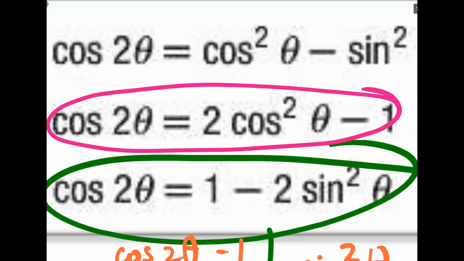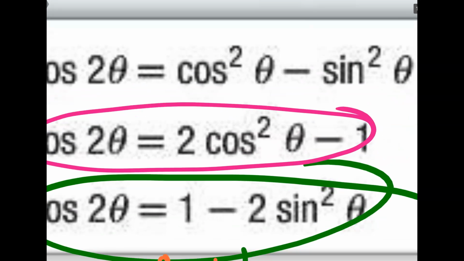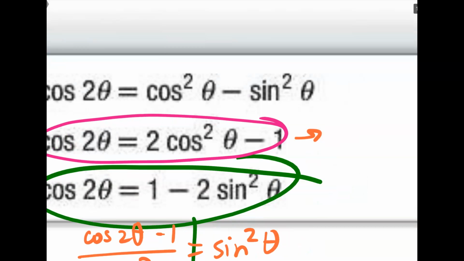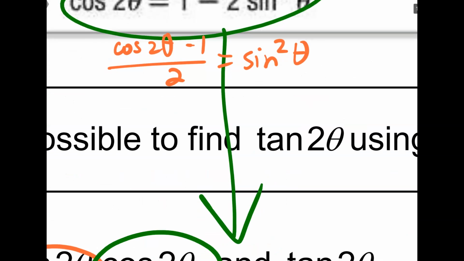What if I wanted to get cosine in terms of the double angle? This one would be cosine of the double angle plus 1 all over 2. So if you're looking at the top of the page where it says power reducing identities, you see cosine squared theta is literally 1 plus cosine double angle all over 2. That's what I mean when I say derive.